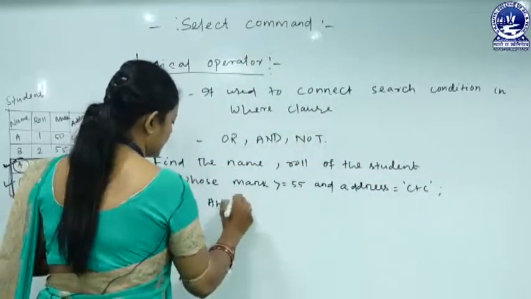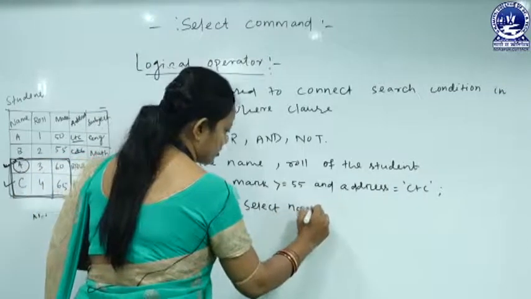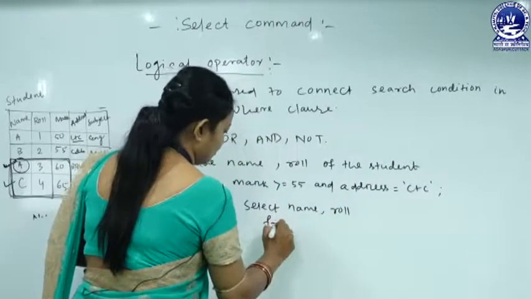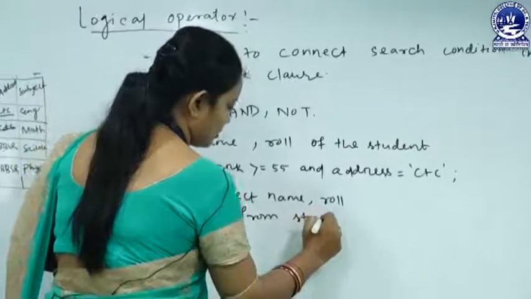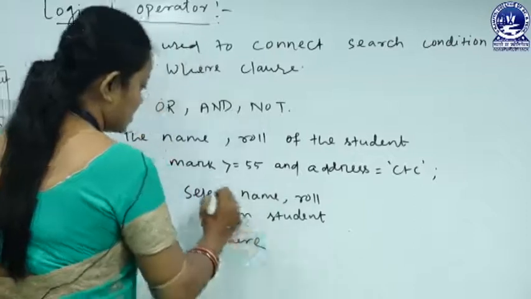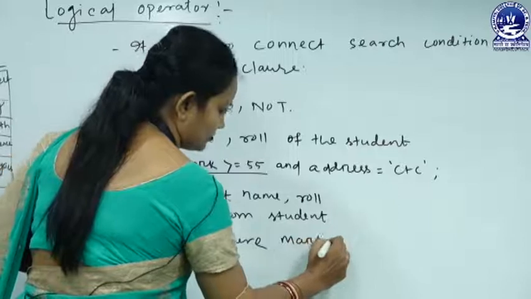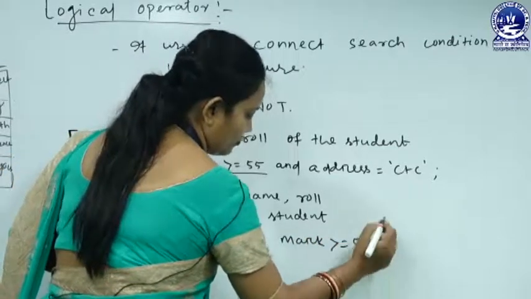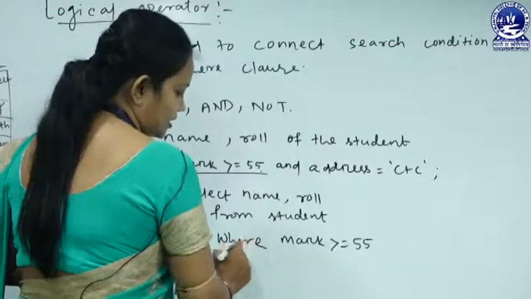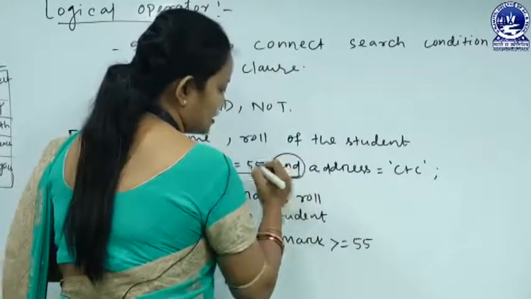The answer becomes: select name and roll, the attributes we have to filter, from the table name student, where the condition is mark greater than equals to 55 and the logical operator is AND.